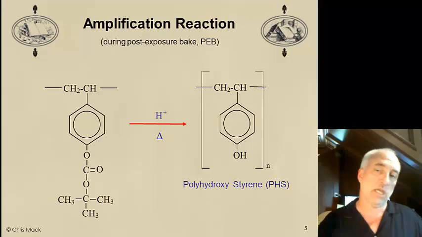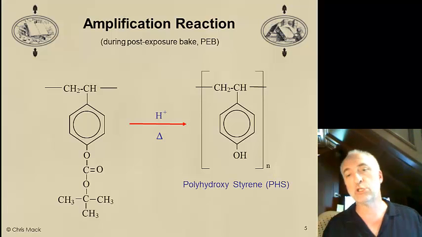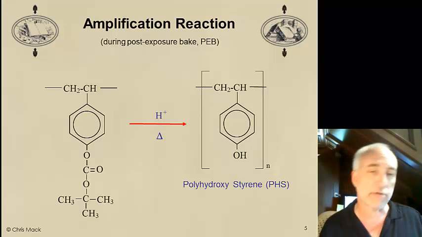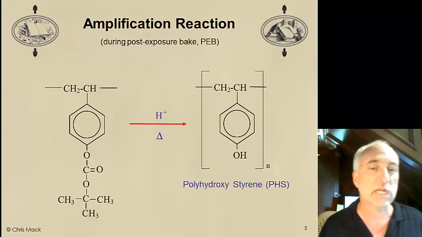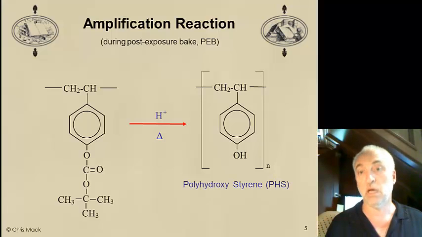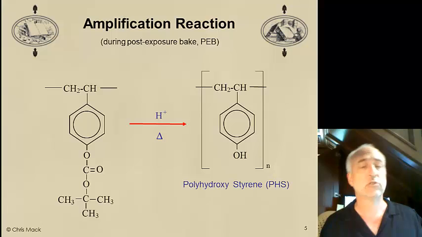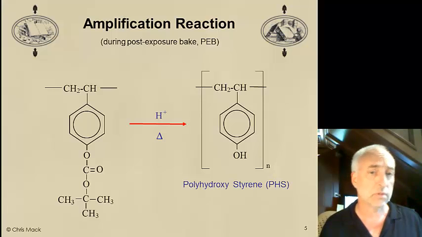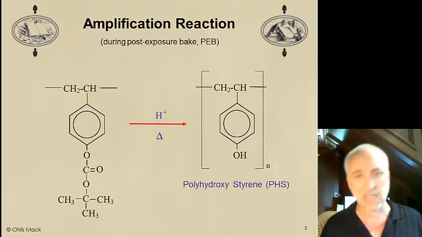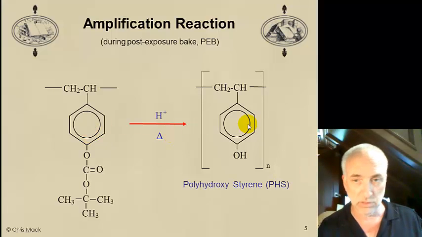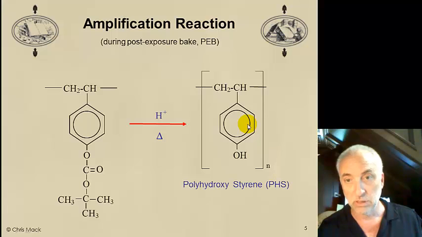If I have, say, a 20 long chain of polyhydroxystyrene, I may block 20 or 30% of these OH groups, or maybe 40%, and that's going to be enough to render this polymer very, very insoluble in the developer. All right, blocked polymer insoluble, deblocked polymer soluble.